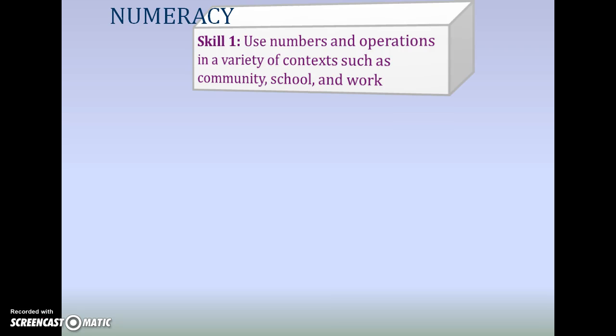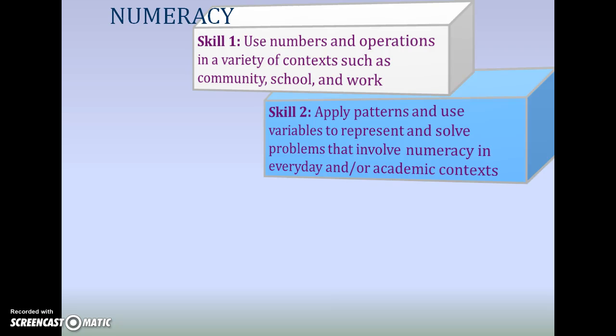Numeracy. Skill 1. Use numbers and operations in a variety of contexts such as community, school, and work. Skill 2. Apply patterns and use variables to represent and solve problems that involve numeracy in everyday and/or academic contexts.